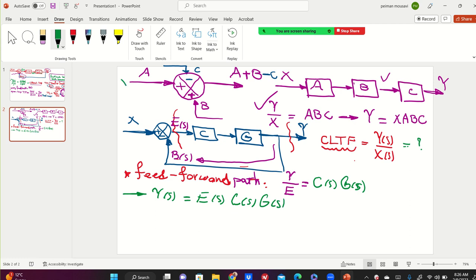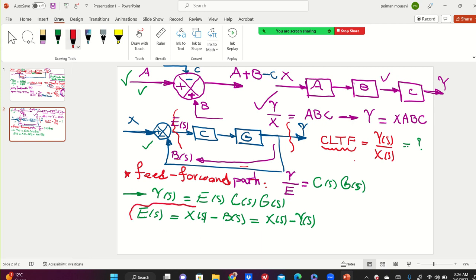But from this sum operator, you see that E of S is how much, guys? You tell me from this. E of S is how much? It is X of S input minus B of S. And because this is an ideal sensor, we know that B of S is Y of S. So it's enough that I replace this E of S here.